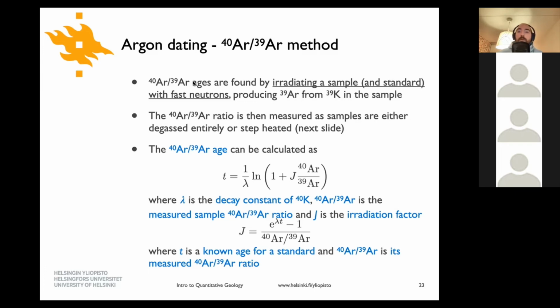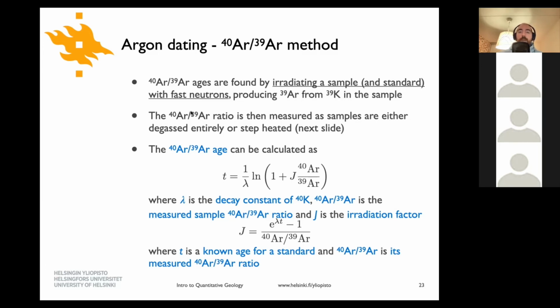And the ages are found by irradiating a sample with fast neutrons. So this will produce argon 39 from potassium 39. And then you can calculate a ratio of argon 40 to argon 39.